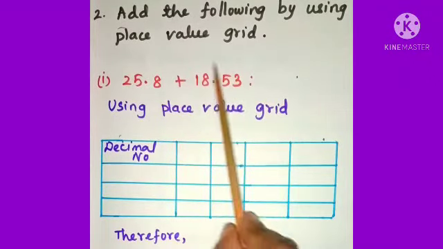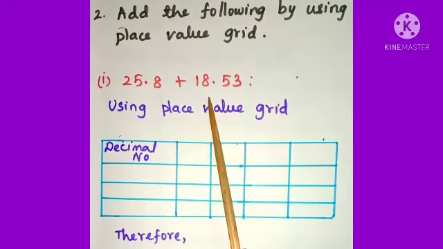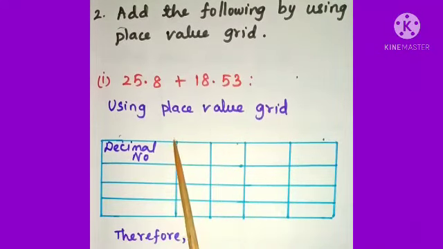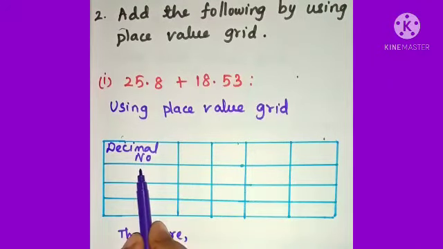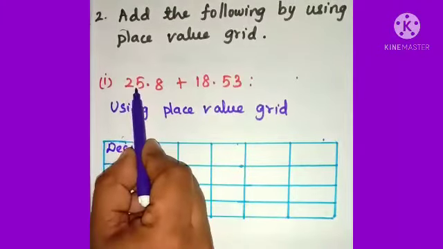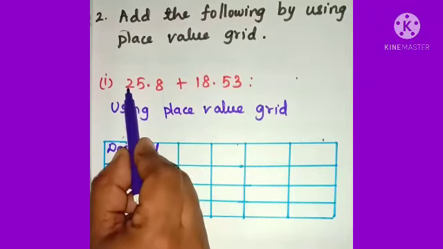Children, here we are going to add these two decimal numbers by using a place value grid. We know how to fill the place value grid. So here, put the table according to the given decimal numbers. In the first column, write the decimal number, and then tens and ones.